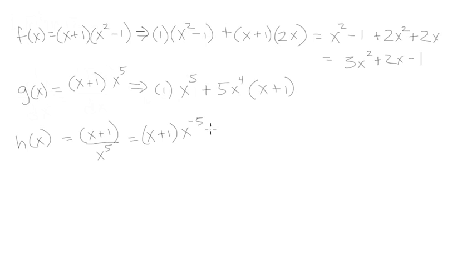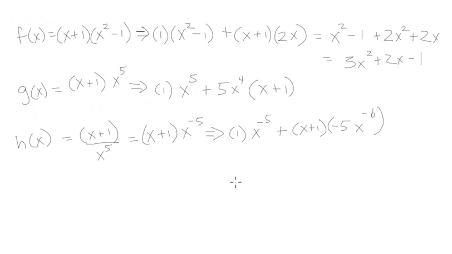I just need to pay careful attention to how I treat this negative sign. Again, the derivative of the first term is 1. I take the second term unchanged, x to the negative fifth, plus I take the first term unchanged, and the derivative of x to the negative fifth is going to be negative 5x to the negative sixth.